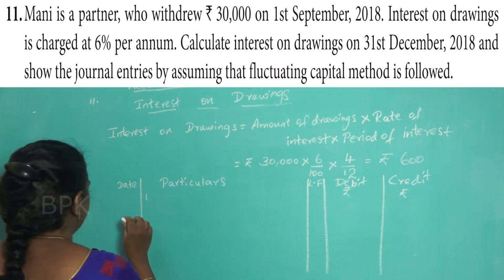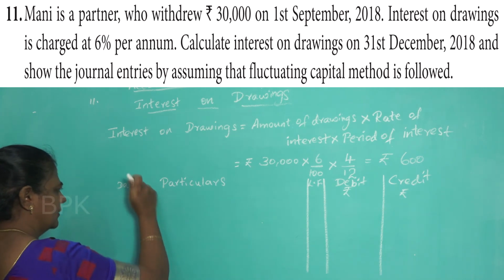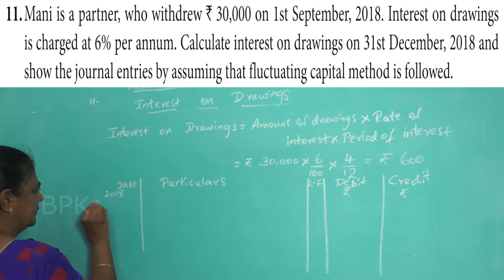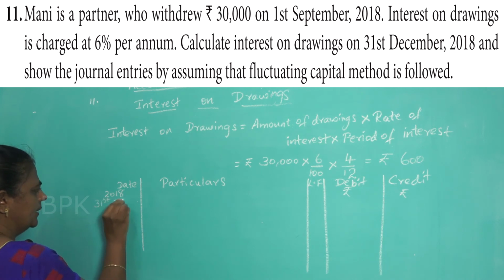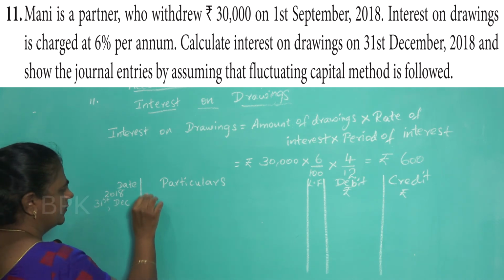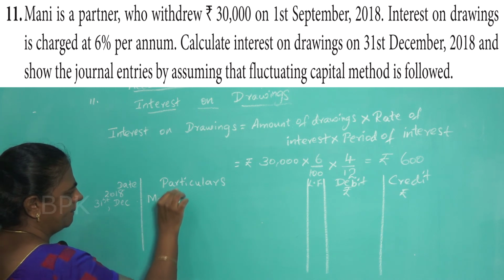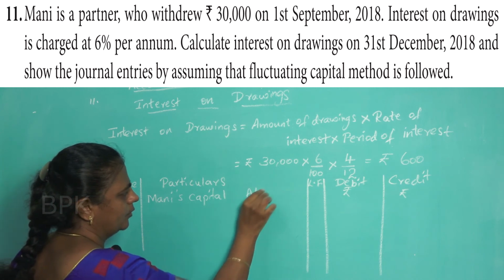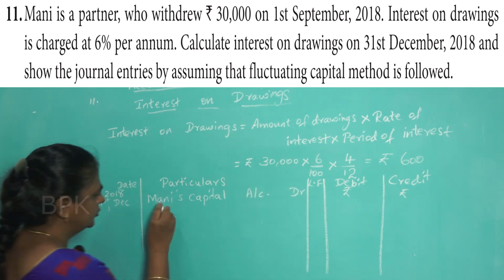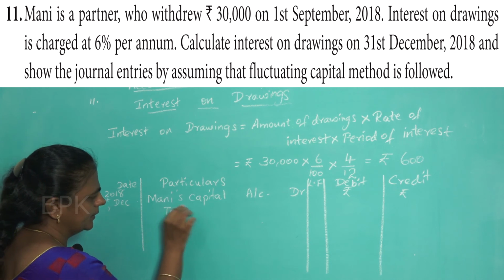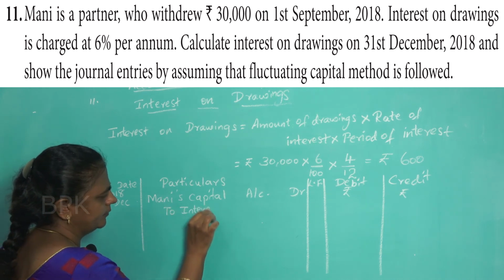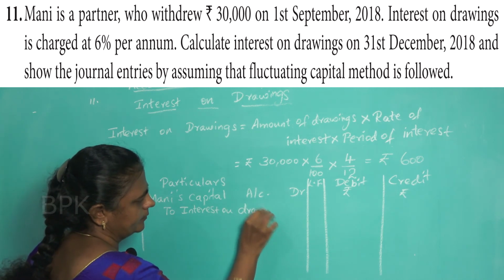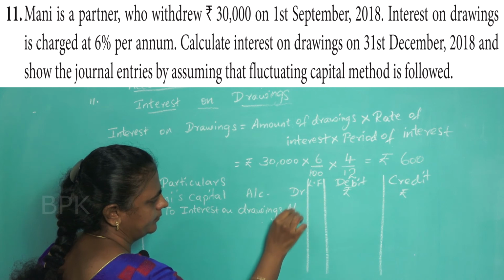Okay. So first put the date. Let's put the date 2018, 31st December. Money's capital account debtor to interest on drawings account.